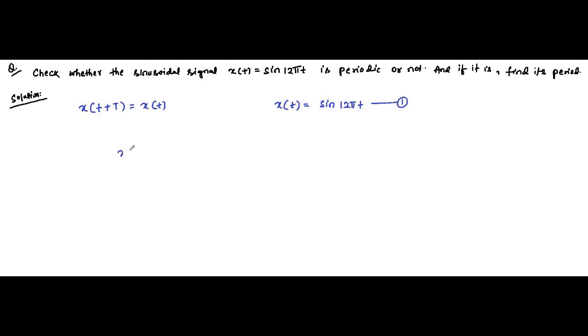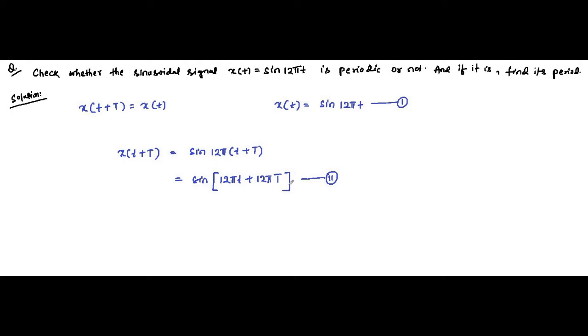Now x(t+T) is equal to sin(12π(t+T)), which is equal to sin(12πt + 12πT). Let it be equation 2.